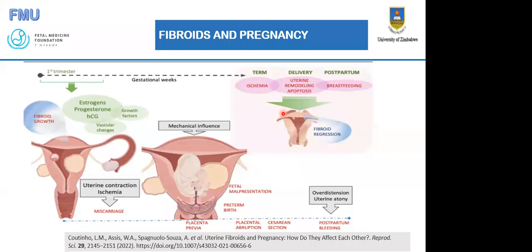Some may disappear after pregnancy. If you have scanned women who had fibroids before they were pregnant, and the next time you see them, the fibroids are gone, don't be surprised. This may happen due to the natural remodeling which occurs to the uterus post-delivery, and also the cutting off of hormones which occurs post-delivery.